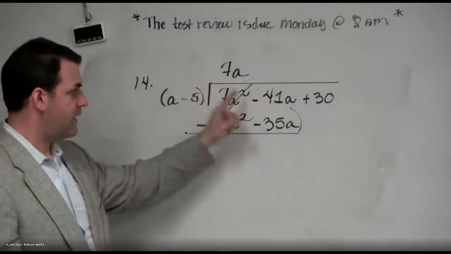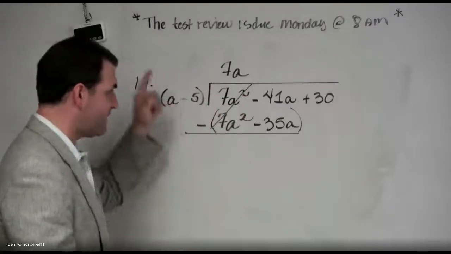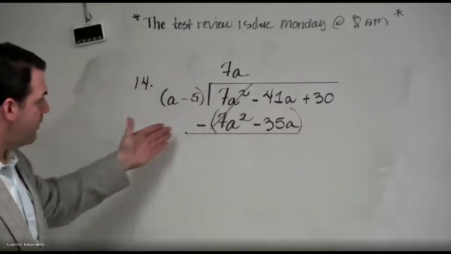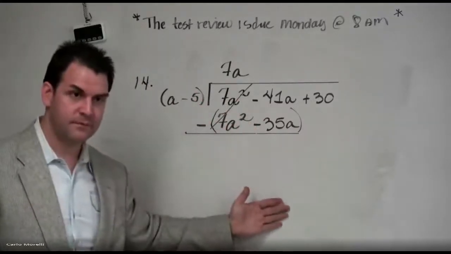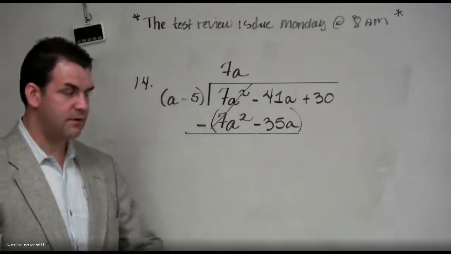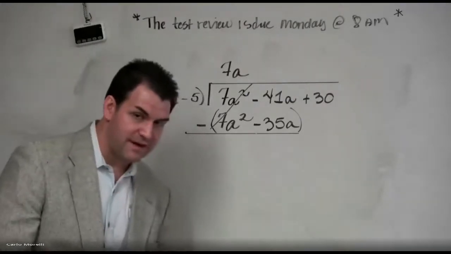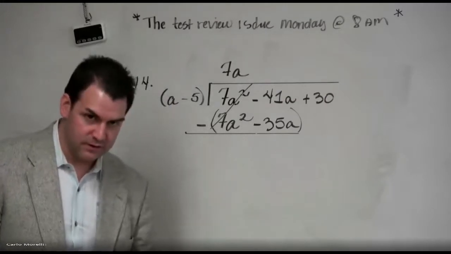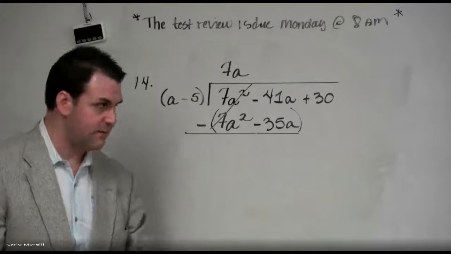Negative 41a minus negative 35a. That's addition. Negative 41 plus 35. So when you're adding a negative number to a positive number, you perform the operation as if it were subtraction. But your answer will have a negative sign in front of it, okay?